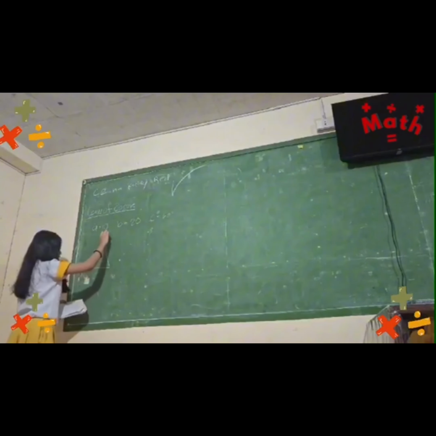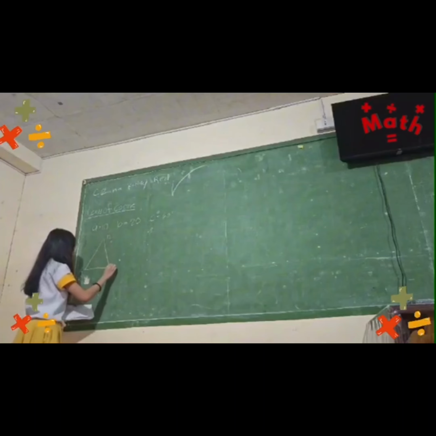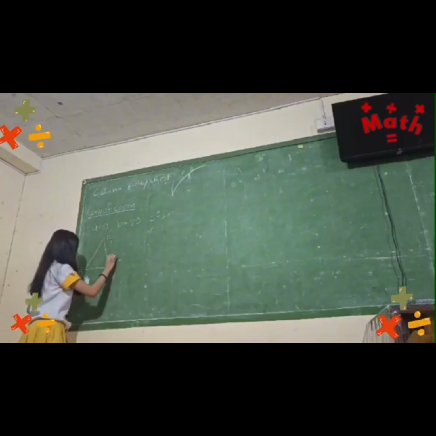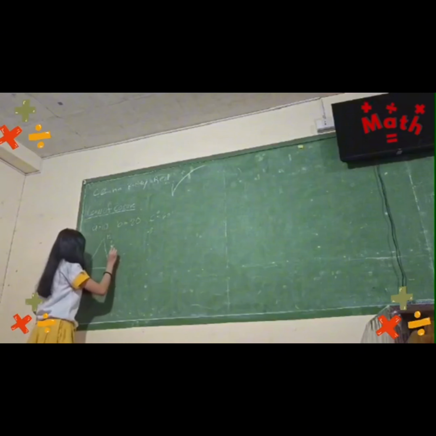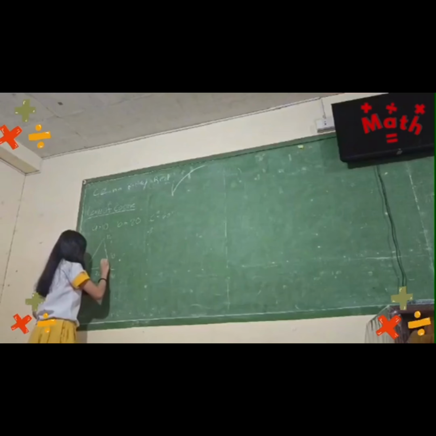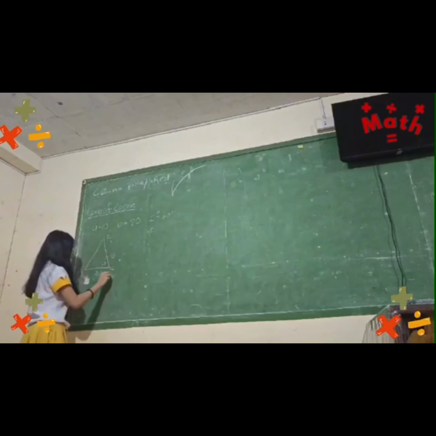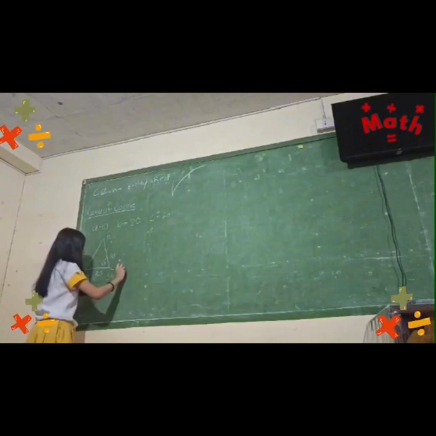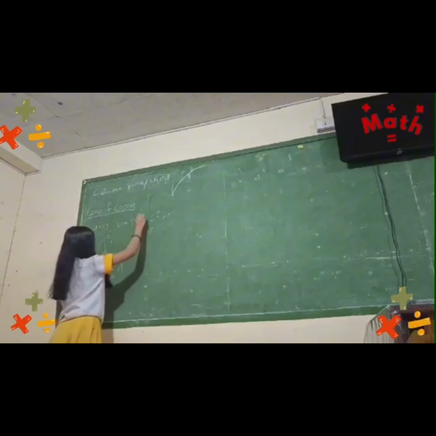So we have here angle A, angle B, and angle C. Side A is 10, side B is 20, angle C is 60 degrees. So this is a side-angle-side triangle.